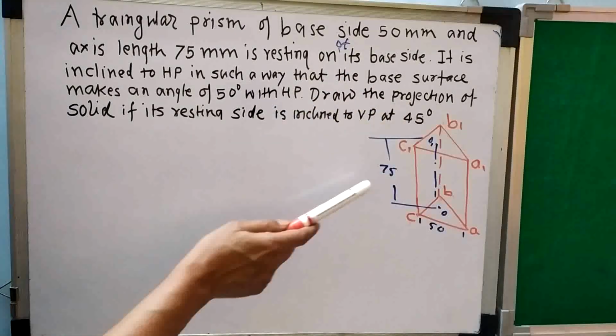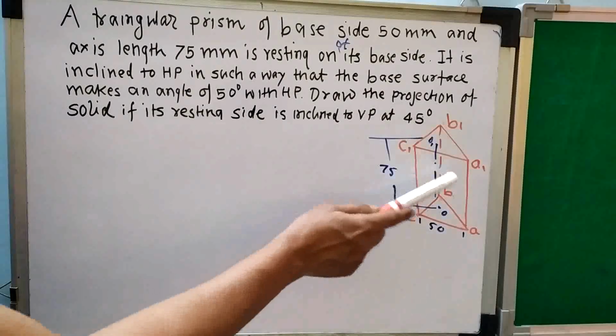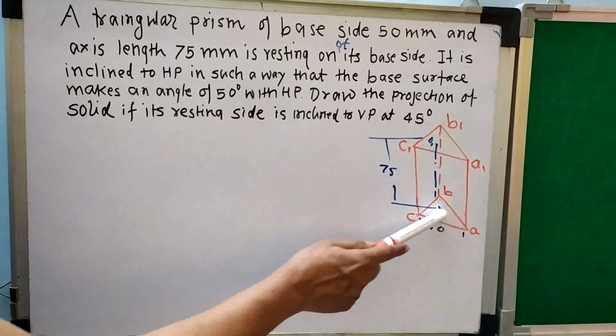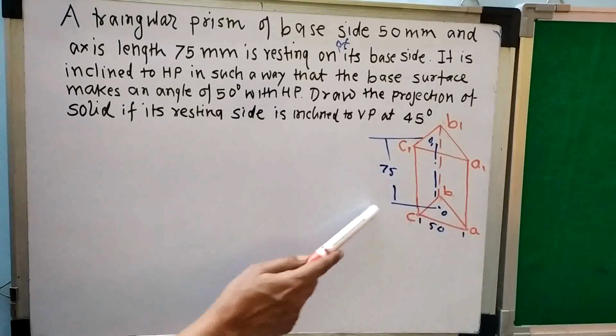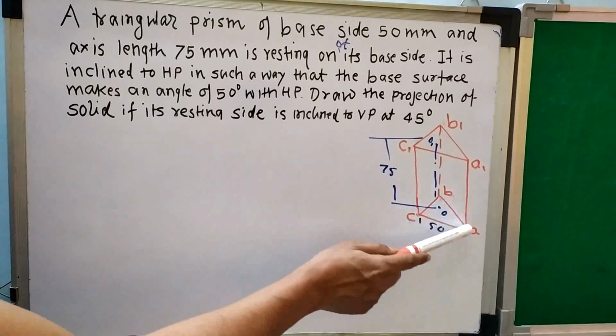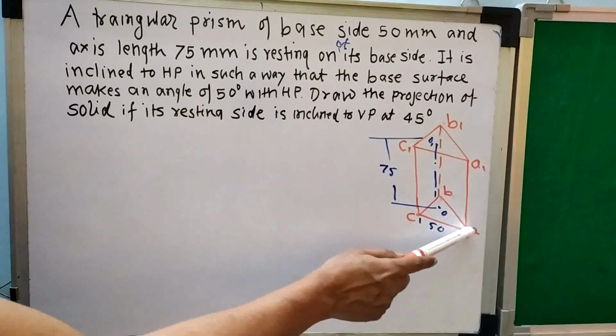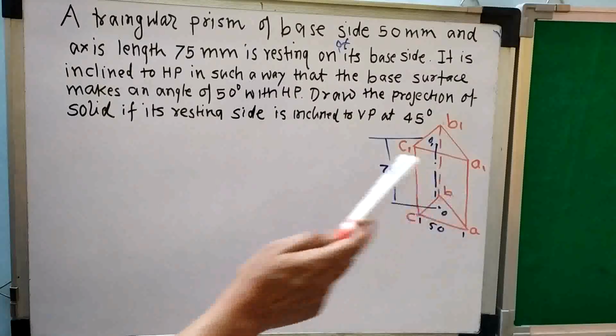So in this problem, a triangular prism is given with the base surface ABC inclined to HP, and the resting side AB on which it is resting is inclined to VP.